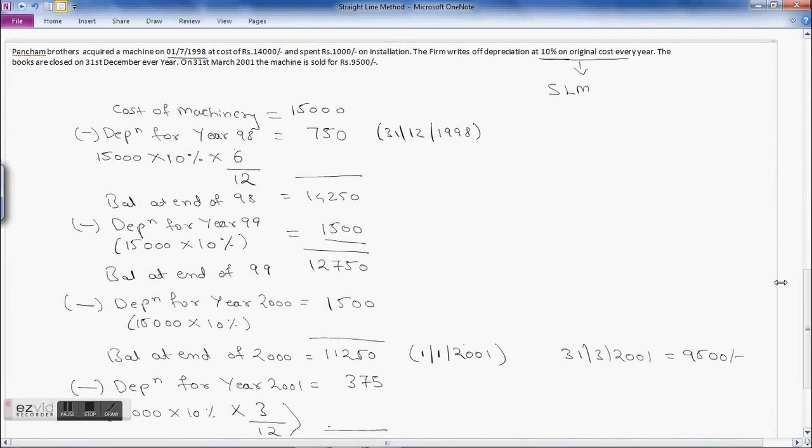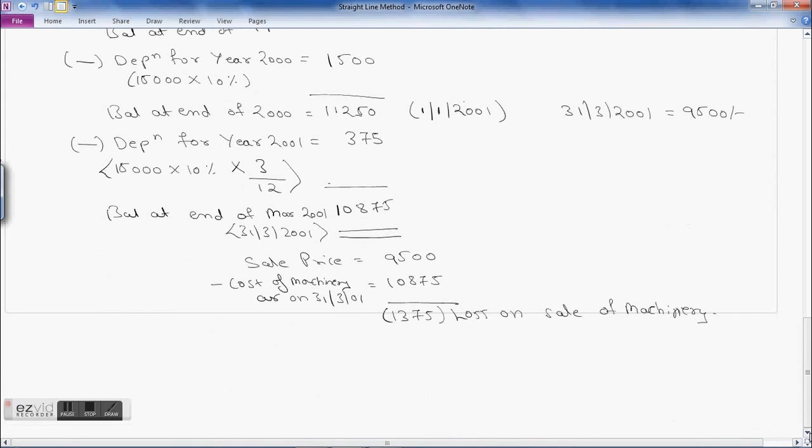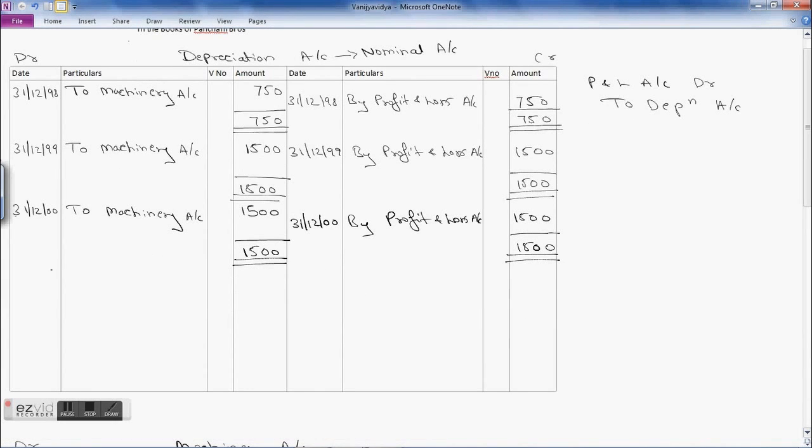Okay, now the next transaction. Now the machinery has been sold in the year 2001. So in 2001 the machinery has been sold on 31st March. So till 31st March there is a depreciation of 375. So first we will pass that depreciation entry.